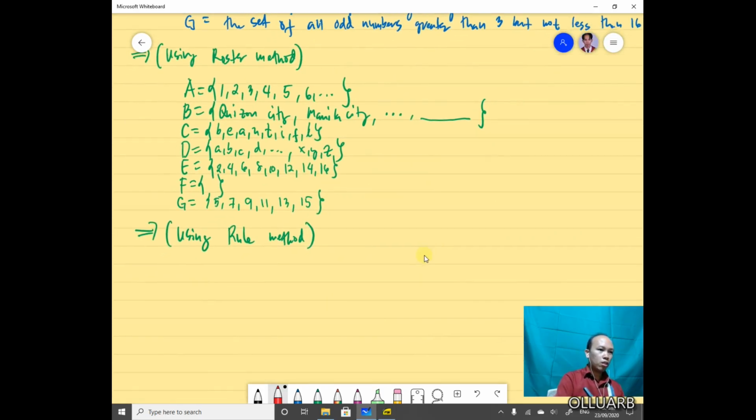Like the roster method, you have to enclose it in a pair of set braces. Usually in mathematics books, this is universal in writing the rule method of a set.